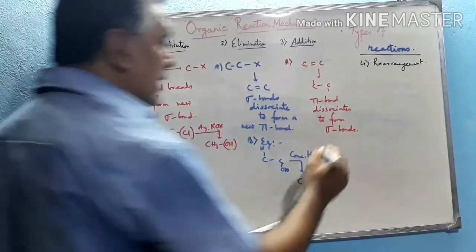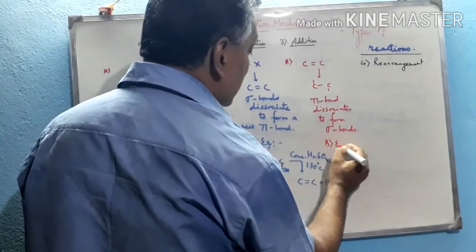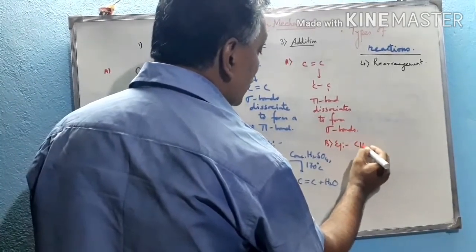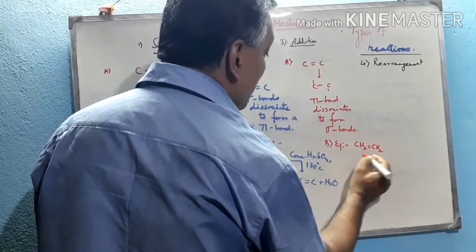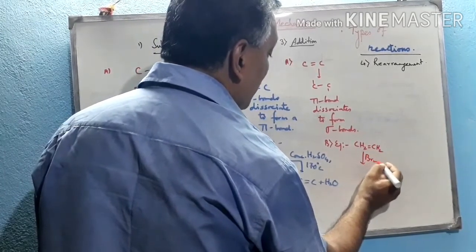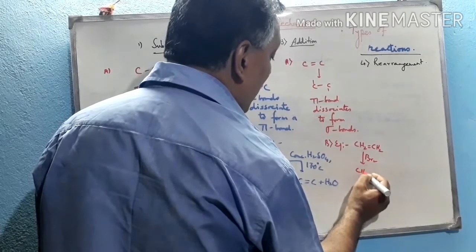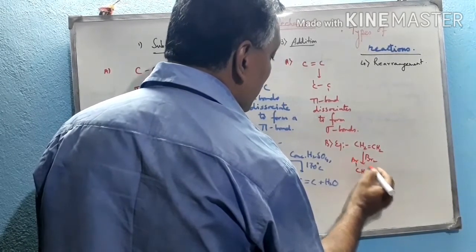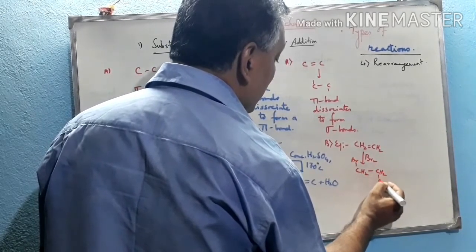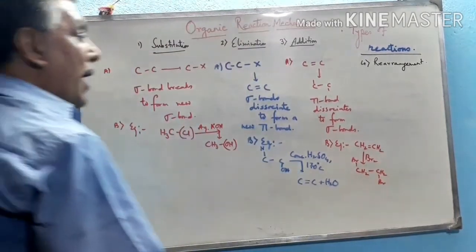This is the characteristic. Example is CH2 double bond CH2 reacts with bromine in CCl4. Product will be CH2Br, single bond CH2Br. This is the example of addition reaction.